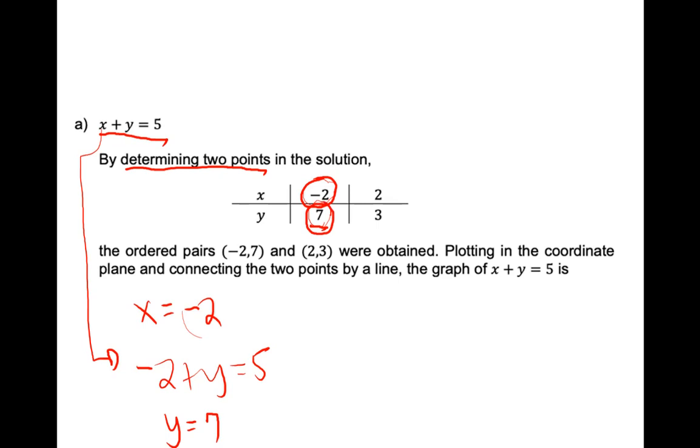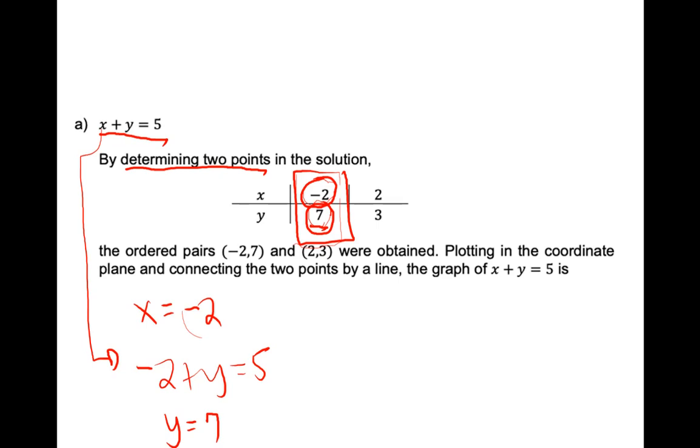Okay. And another, syempre dahil 2 points nga, so meron ka ng 1 point. This is one ordered pair. You need to identify another in order for us to graph x plus y equals 5.